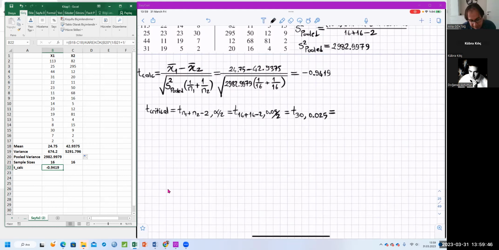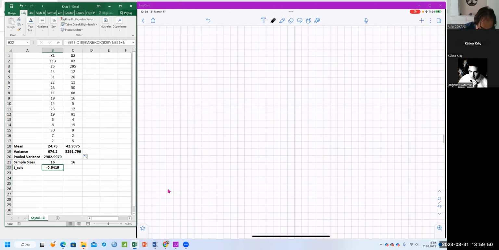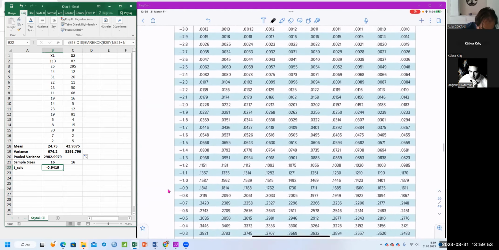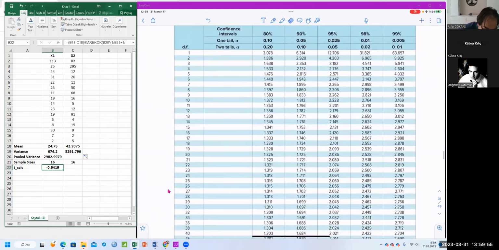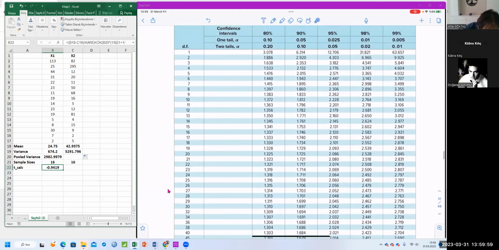So I'll get to the T distribution table, and I can tell easily, look, 30 degrees of freedom, and the alpha level now is 0.025.